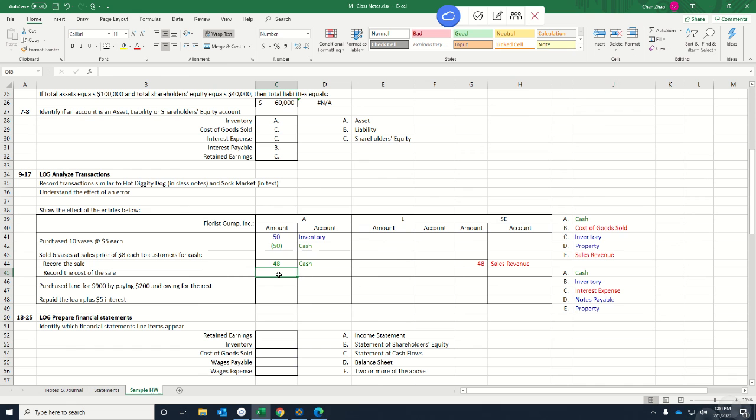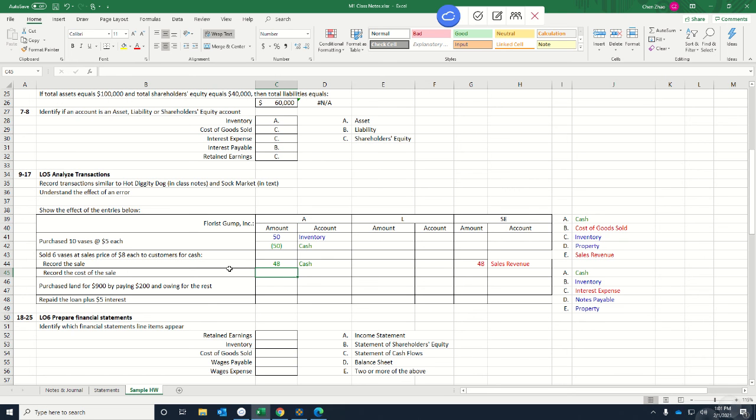Cost of the sale, and then what do? What part of your asset is impacted for this sale? Is your inventory staying the same? No. What changes on your inventory?